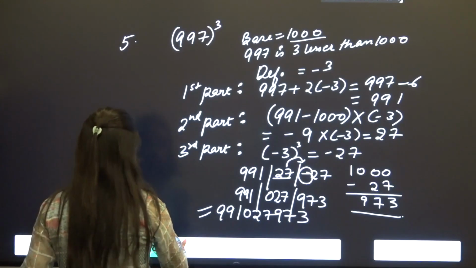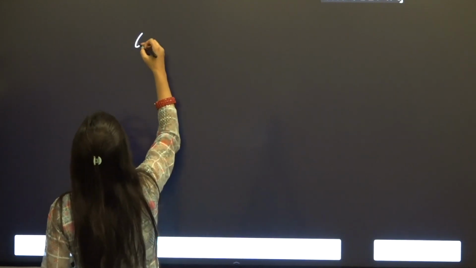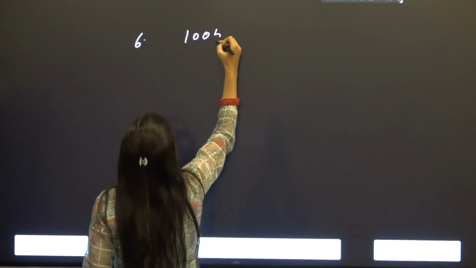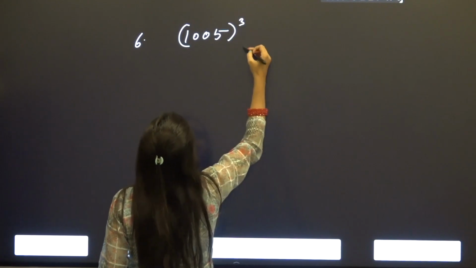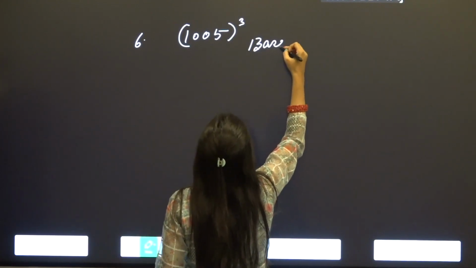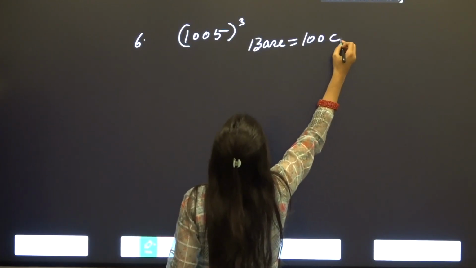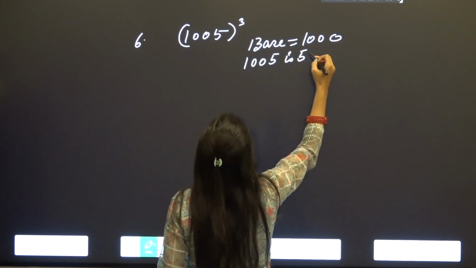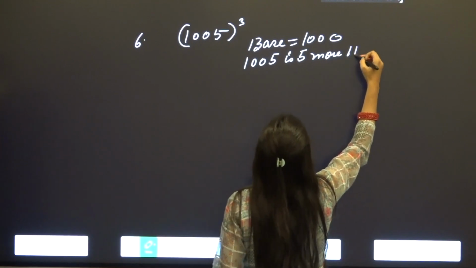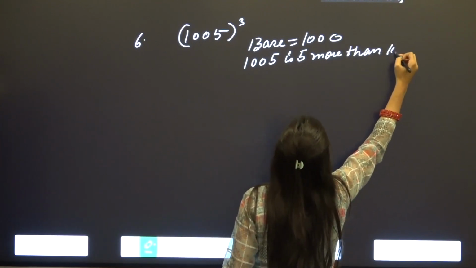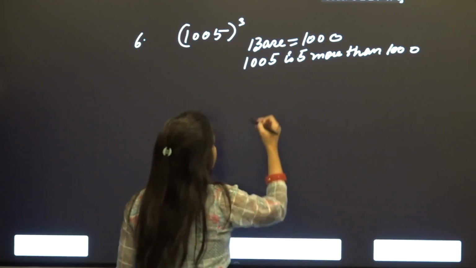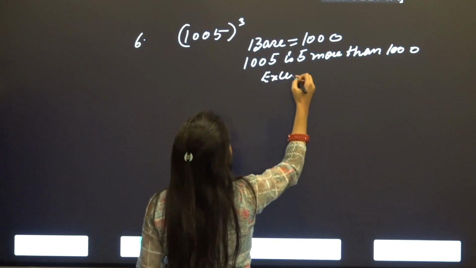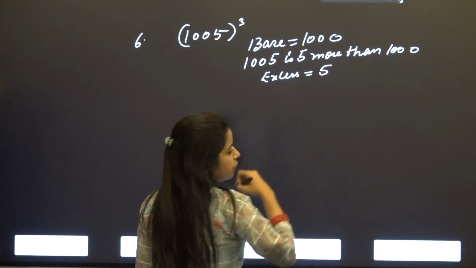Let us take 1005. So, working base here is 1000 and 1005 is 5 more than 1000. So, excess is 5.